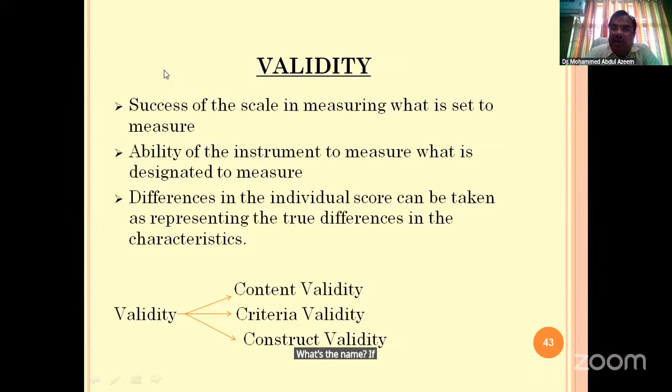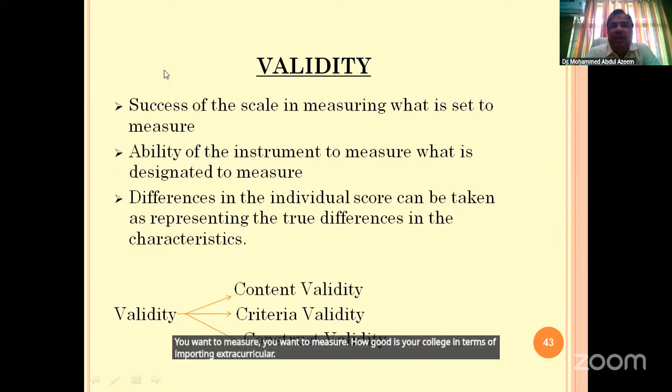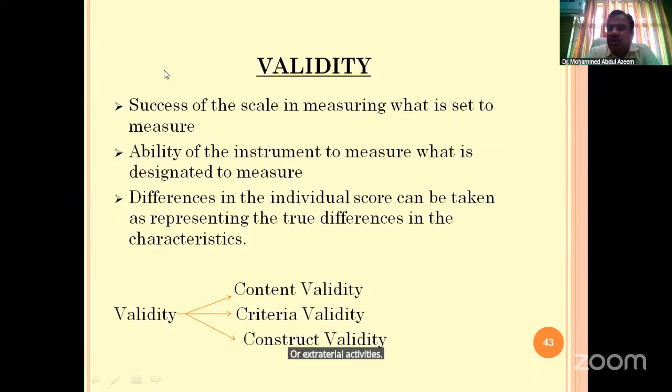If the answers are similar, the other aspect is whether you are getting the meaning you want to measure. Okay, sir. You want to measure how good your college is in terms of imparting extracurricular activities. How is your college? If they all say good, good, good, that is similar.